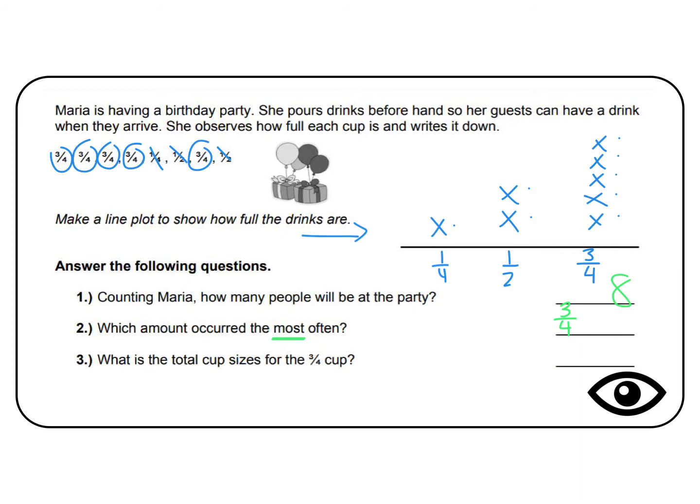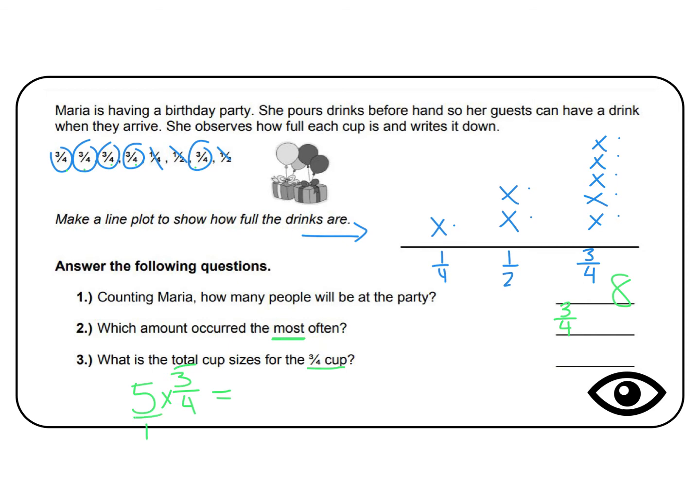And our last question says, what is the total cup size for 3/4? Now, we talked about this a little bit yesterday, but if we look at, we have 1, 2, 3, 4, 5 cups of 3/4. Then we can multiply 5 times 3/4 to find the total.